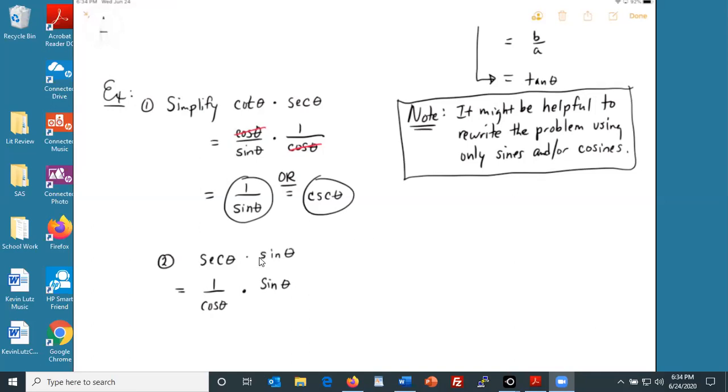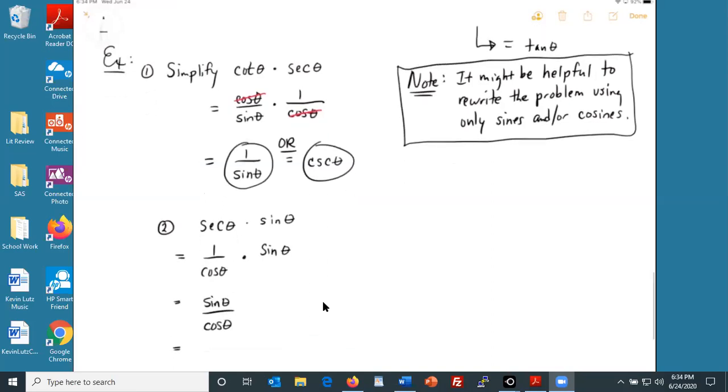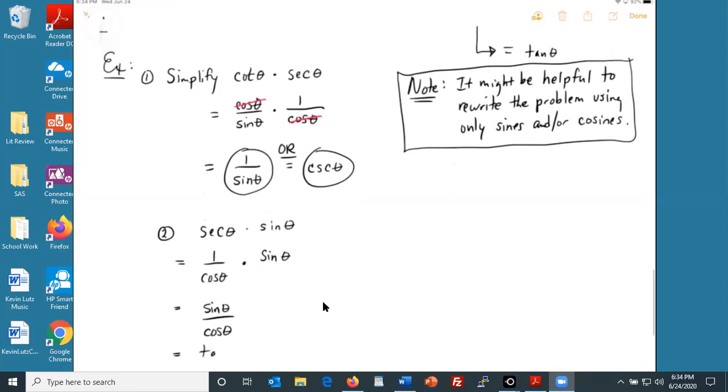So this doesn't need to change, but the first term should, because that's not a sine or a cosine. Now this becomes sine over cosine, which, do you recognize sine over cosine? It's tangent. That was my mistake a minute ago. I put the answer as the second term.